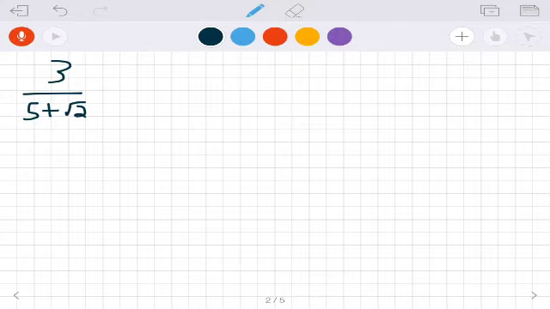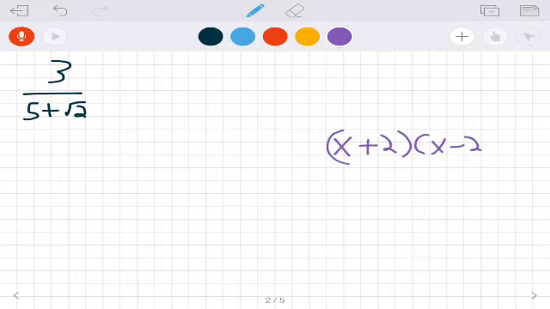So in order to look at this, we're going to use a concept of a special product that we used from quadratics, which was when we had something like x plus 2 times x minus 2. What ended up happening was we got x squared, and then from FOIL, we did our first, our outside, then our inside.